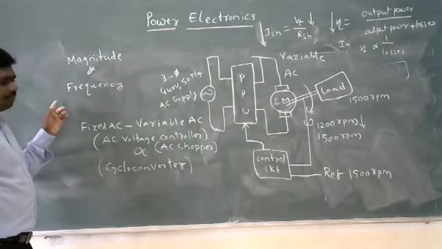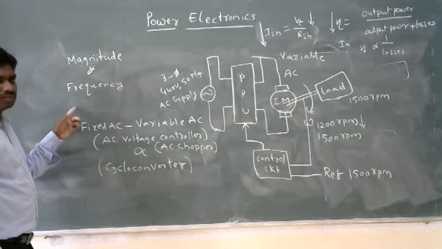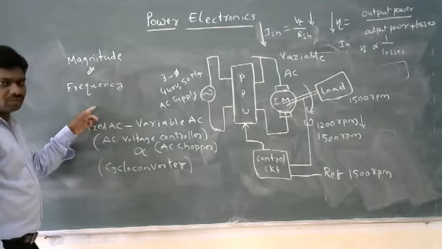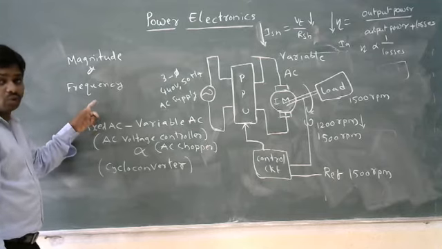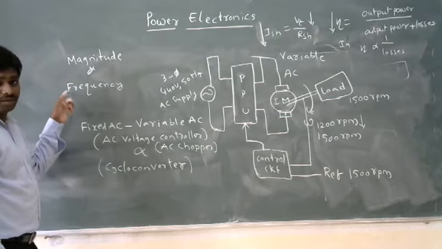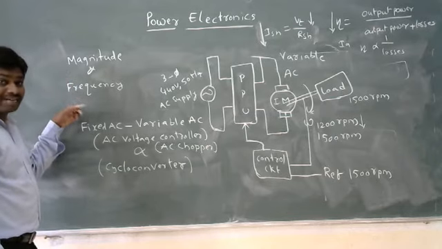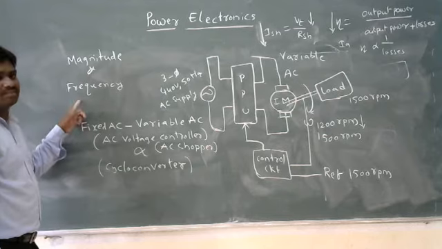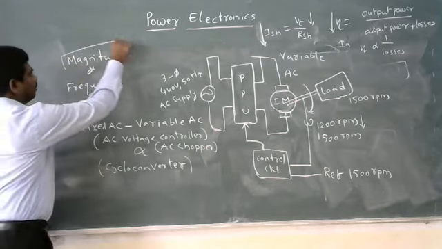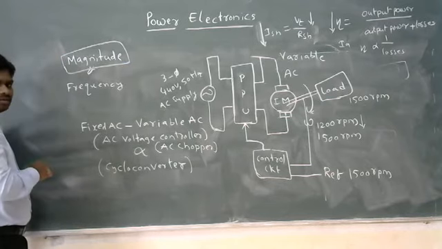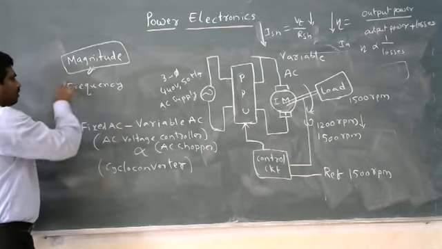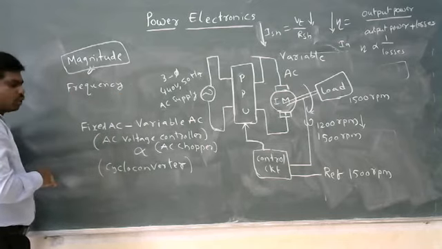Means fixed AC value in magnitude is going to be converted into variable AC value in magnitude only, without change in frequency value. Means it's going to be changing the y-axis values, not the x-axis values. The other type means we are keeping the y-axis values constant, means magnitude is going to be constant, but the frequency of the AC supply is going to be variable.